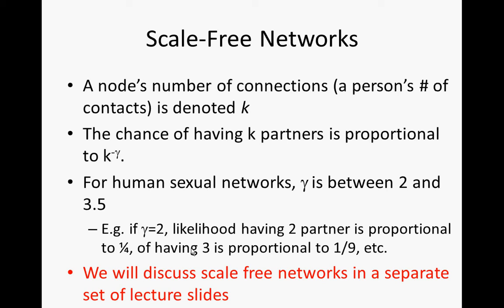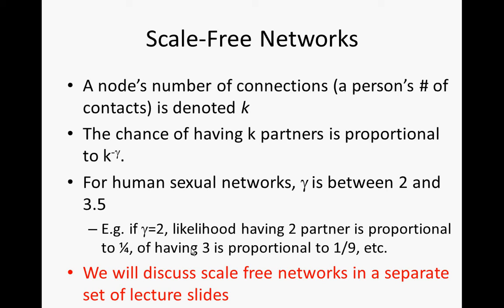If gamma is 1, it's decreasing extremely slowly as K increases. You've got a lot with high K. Each successive doubling of K just leads to a halving of the fraction of people with it. On the other hand, if gamma is 2, it decreases more quickly. With 3, it decreases even more.